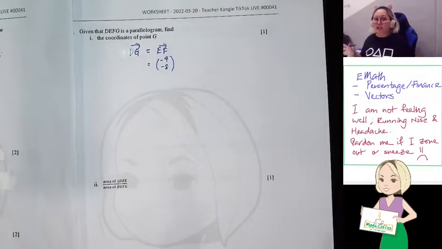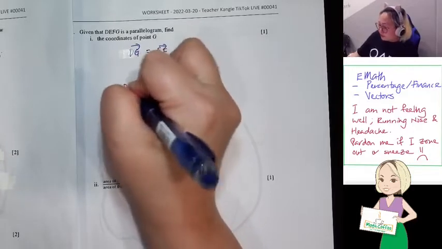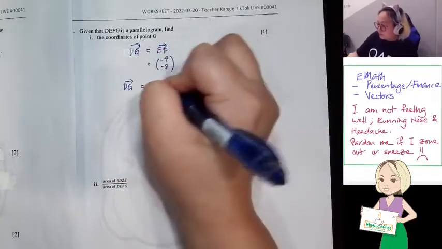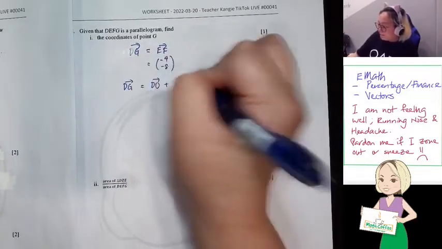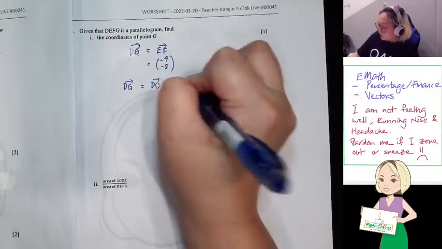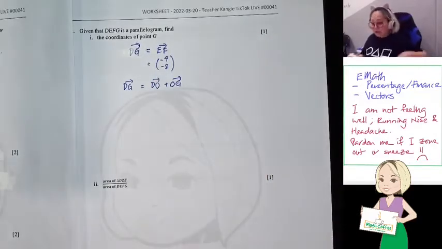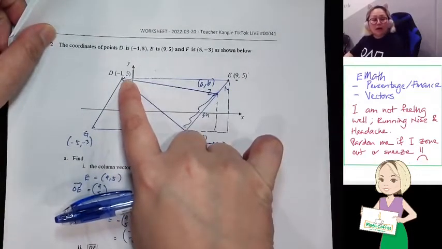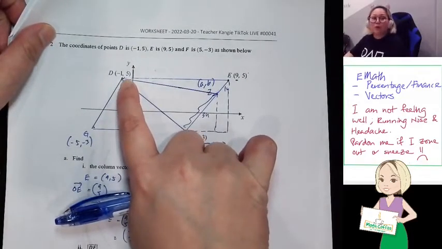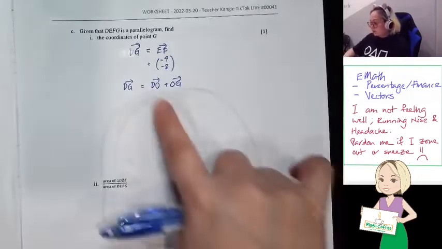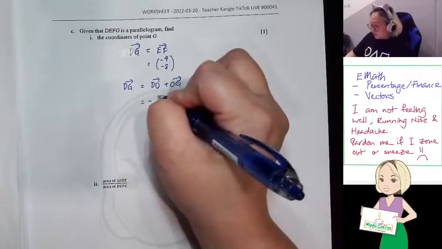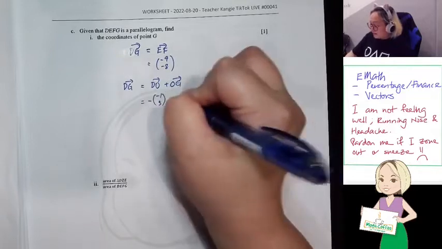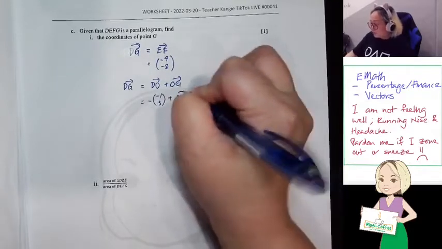So this is my DG. DG means DO plus OG. Agree? And we already know our coordinate D, which is our position vector OD. So it will be minus (-1, 5) plus OG, which is the unknown that you're supposed to find.